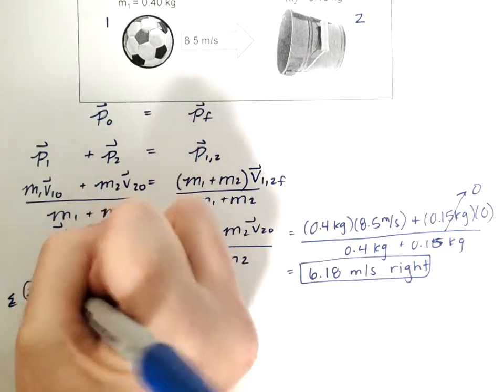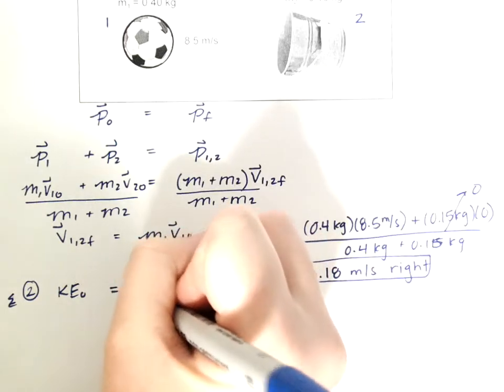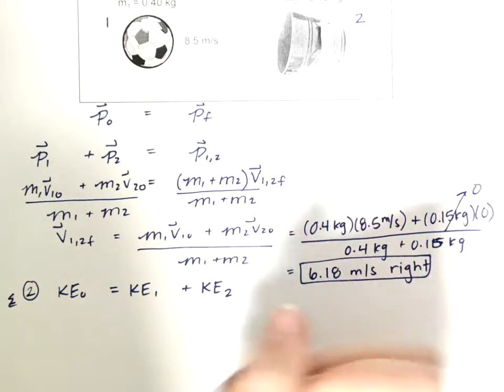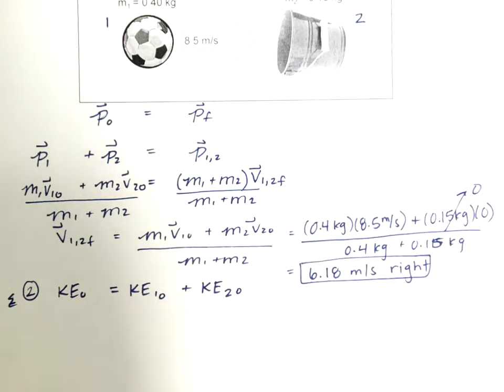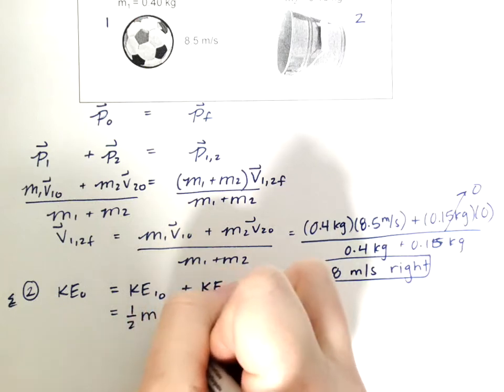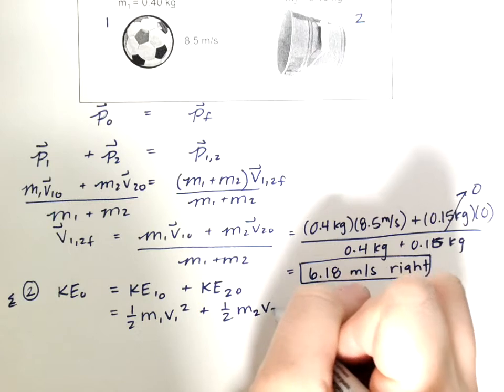So number 2, we need to first find the kinetic energy initial of the whole system. We have two separate objects, they're each going to have their own kinetic energy. These are the initial, so subscript O. Our energy initial is 1/2 M1 V1 squared plus 1/2 M2 V2 squared.